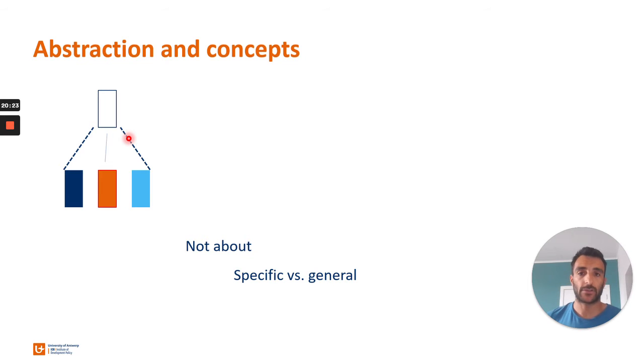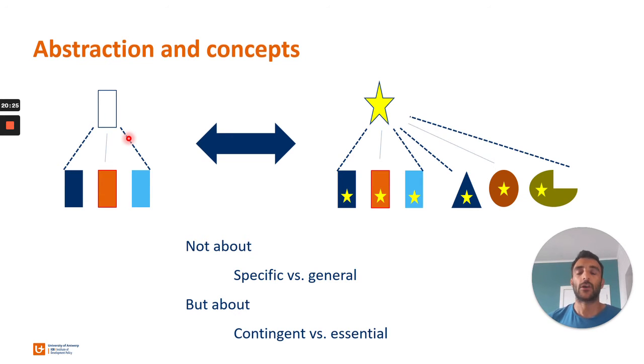That's not what it is about. What we're talking about is contingent versus essential characteristics. And so this is what is happening here. We're not interested in the color, or in the shape. It's this constituent element with the star that is relevant and that is crucial for the understanding of the concept.